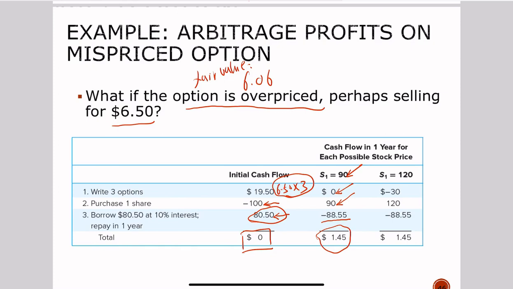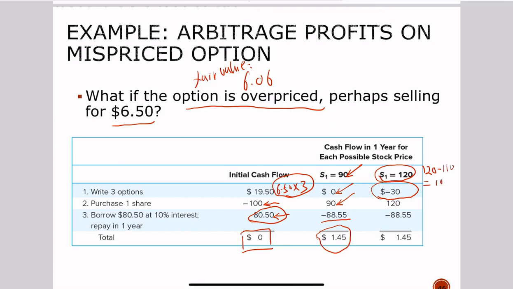Now, what about the other case? Well, in this case, the option buyer will want to exercise the call. The option buyer has 3 calls. So the per call payoff is 120 minus 110, which is the exercise price, so $10.